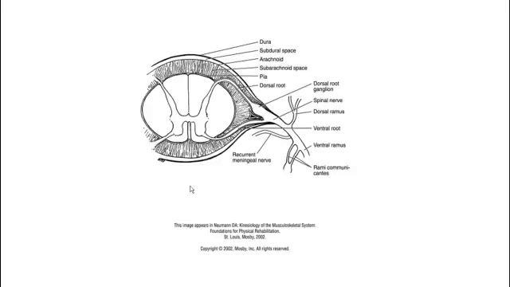This is a little simpler diagram, and it can be a nice one to look at. This is one of those pictures that if you understand everything on this slide, and you can explain it, then you're going to really understand the information that's important. So again, it's not colored in, but this is a cross section of the spinal cord, so this is the gray matter, and this is the white matter. Here's the dorsal side.